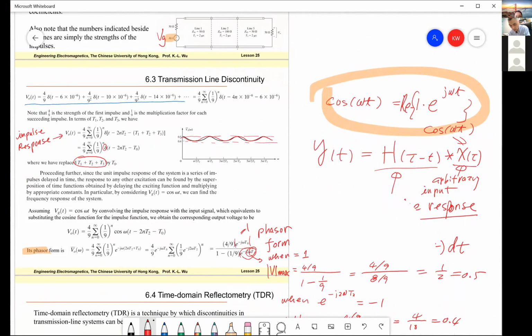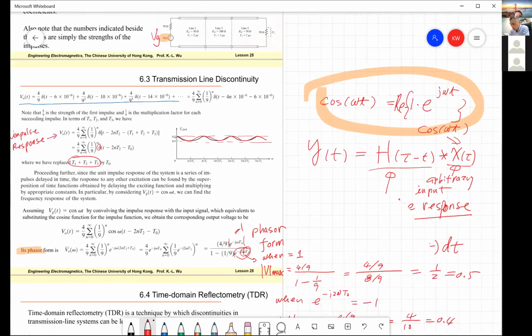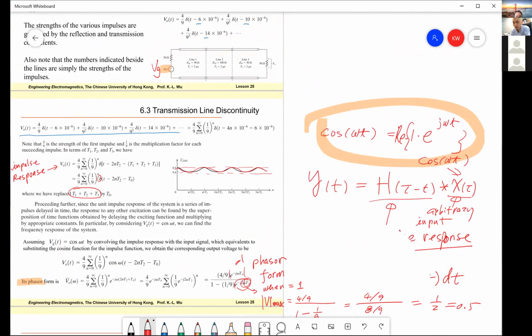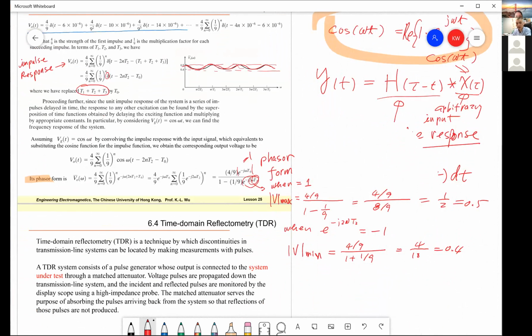I will find out what the definition for this T1 is. So what we expect in the frequency domain, if we measure at the load, because of the multiple reflection, is to receive a signal with a ripple, and we can easily find what the value is.